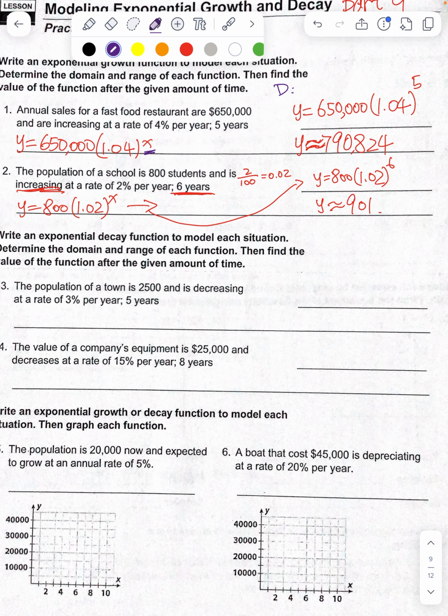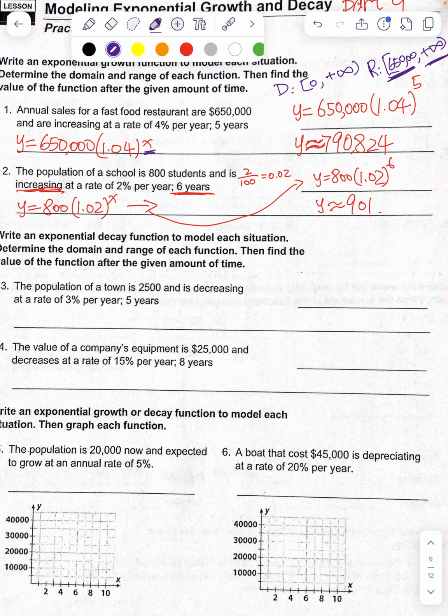X can be 0, but not negative. So it's from 0 to positive infinity. The range starts from 650,000, all the way to positive infinity. With time going, if the population keeps growing, it starts from the smallest value, this, and keeps growing. Range is all the possible y values, yeah?